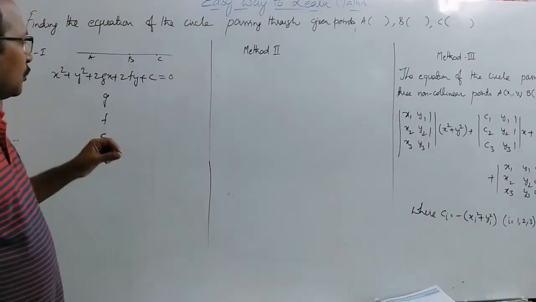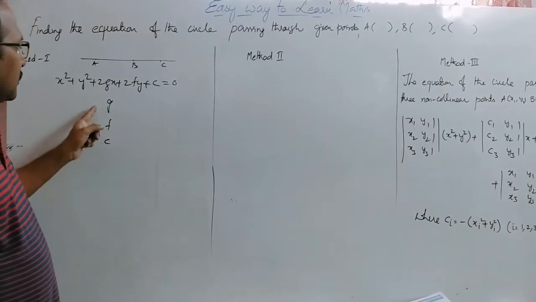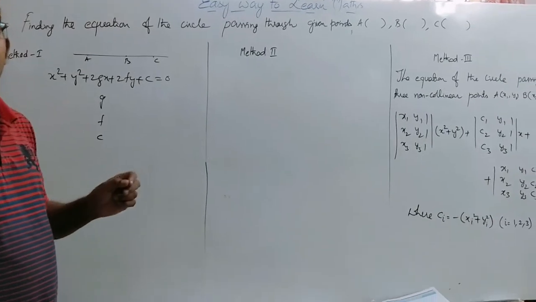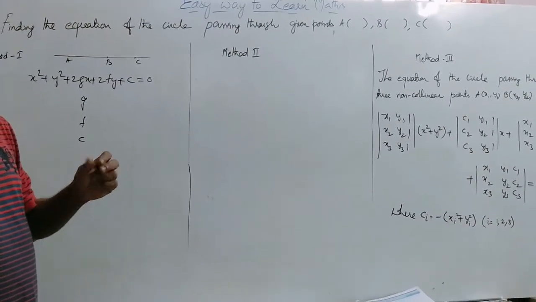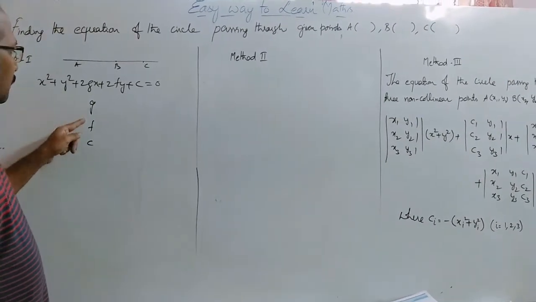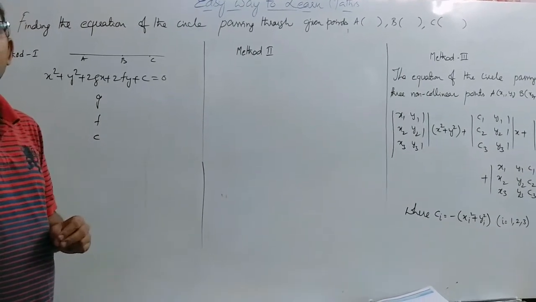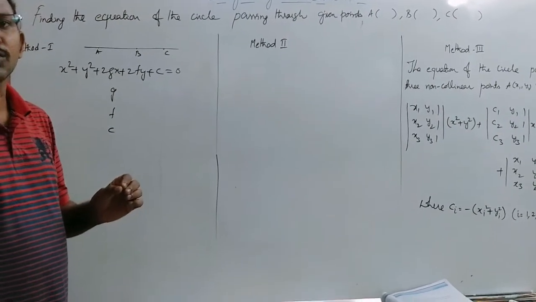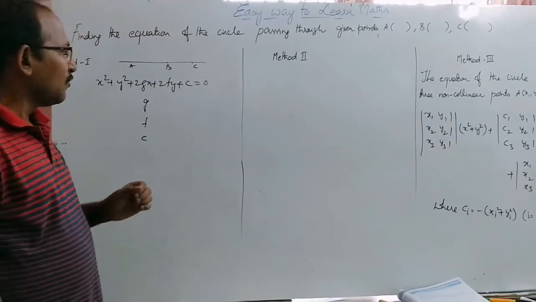Whenever there are three unknowns, there must be a minimum of three equations involving those unknowns to find those three values. Here g, f, c are three unknowns, therefore we need a minimum of three equations involving g, f and c so that we can find their values.